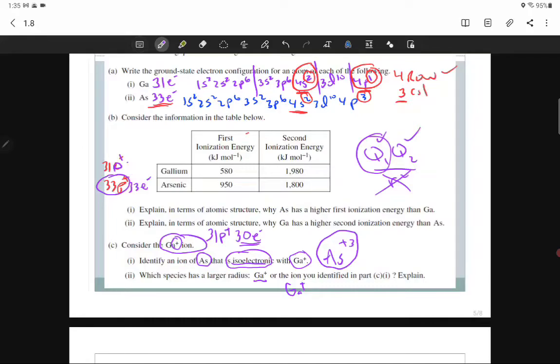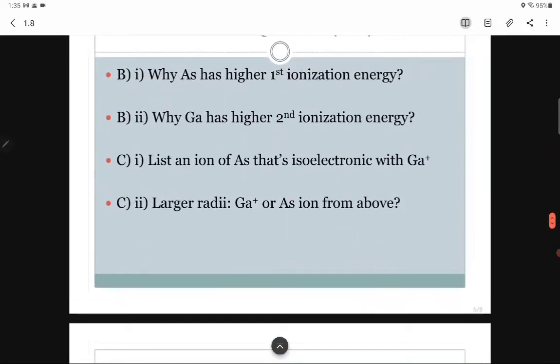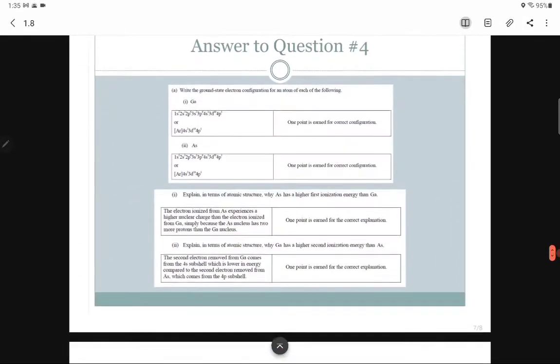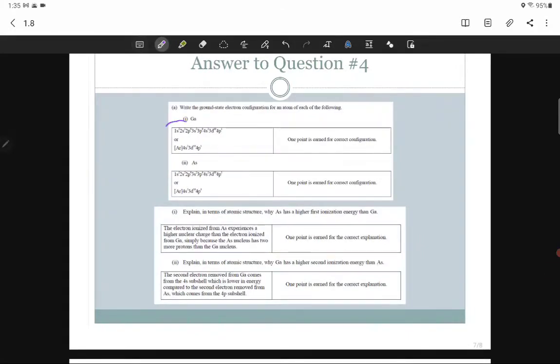But let's go check out their answers. By the way, these are just for me; I could have put my work there. So here is the electron configuration, but this is a little bit different here. This is a shortcut, and it doesn't say the word complete ground state electron configuration.